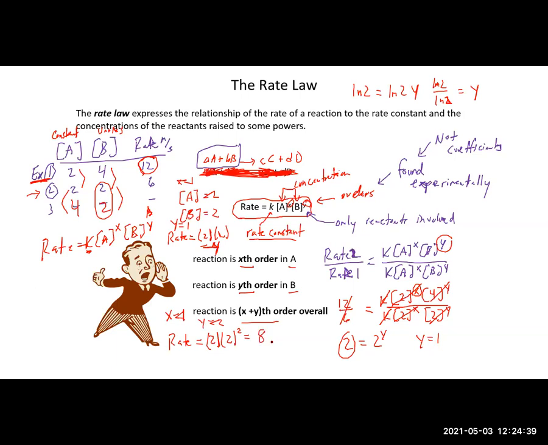So if B had an order of 2, we see that the rate goes up by a factor of 2 as well, right? It goes from a rate of 4 to a rate of 8. So it gets twice as fast. So that's really what the orders play a role in. They play a role in the ratio that's needed to get that rate.